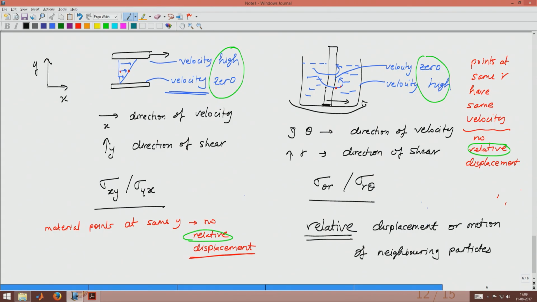We will see that this relative displacement or motion is central to defining strain and strain rates in the material.